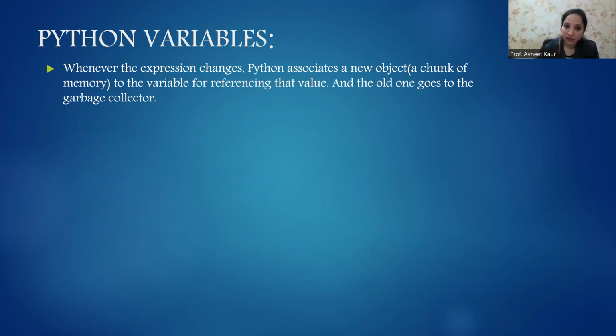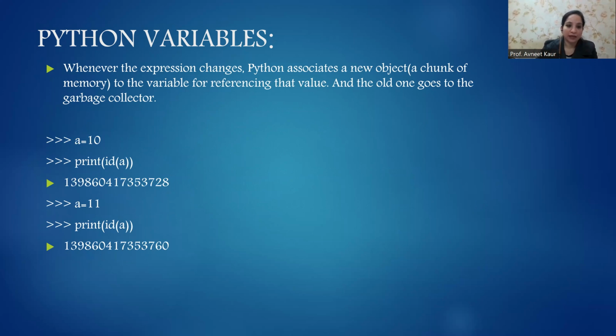This we can check with the help of this statement. If I type a is equal to 10, and then I use the function id to identify the memory location of this variable a, it gives you a long number like 1398604 and so on. Again, I assign a new value to it.